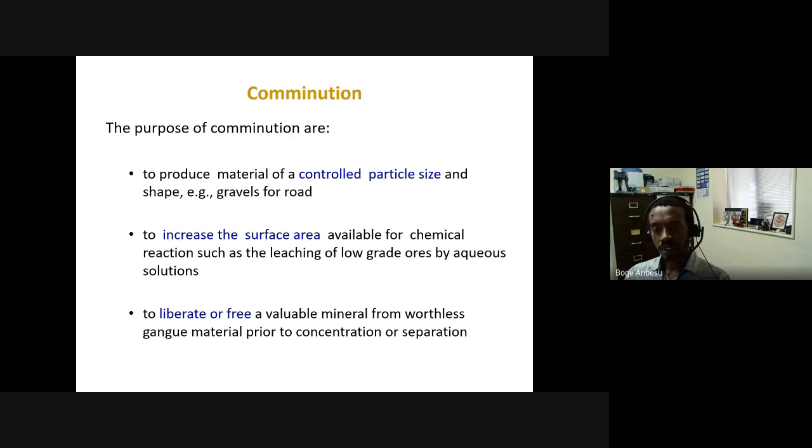But more importantly though, we need to liberate the target particles from the gangue. And when we say liberating target particles, as I said, target particles or valuable minerals are locked within a waste rock. So we need to first find a way of accessing them, breaking them out, and that's done only through size reduction.